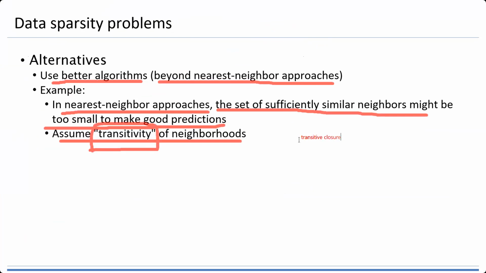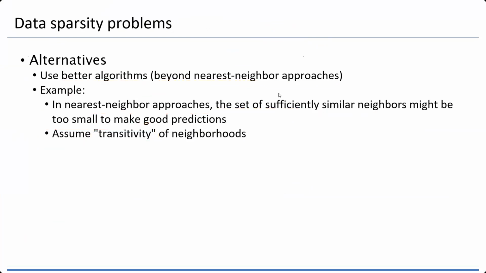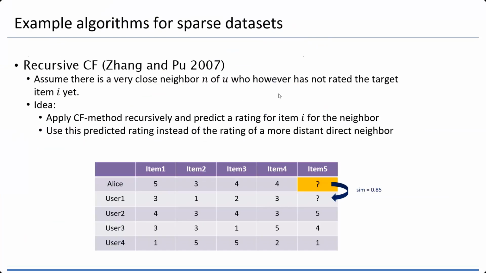So let's see what this transitivity is. There are some algorithms for sparse data sets, where there is so much missing data, like this one. One approach uses recursion. Do you know recursive? This is also from data structures. Recursive means we want to repeat.